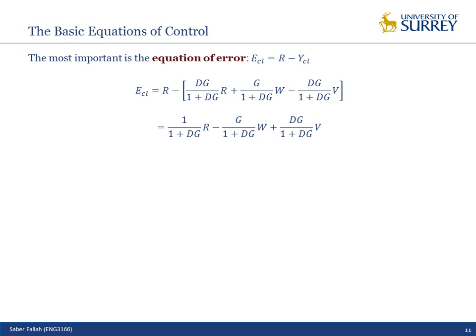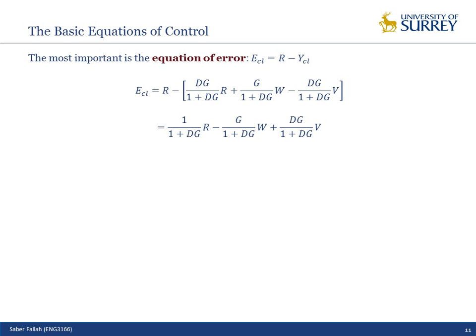One. Why 1? If you put R equal to 0 and V equal to 0, your closed loop error will be exactly W, or negative of W. What's the benefit of having that?